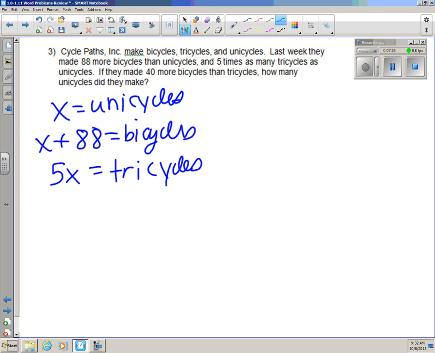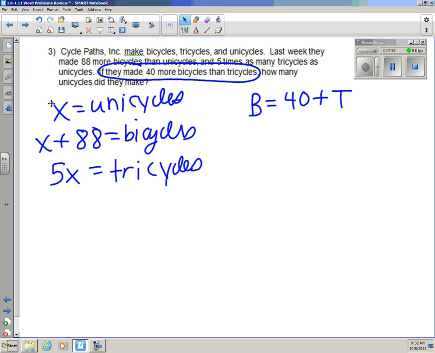Well, if they made 40 more bikes than trikes, how many unis did they make? Well, that's fine, but let's worry about this. We'll figure out what the unis is once we work with this equation. 40 more bikes than trikes. Well, that means that my bicycles end up being 40 more than my tricycles, right?